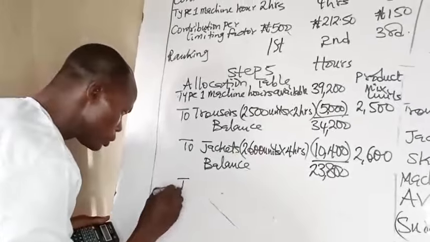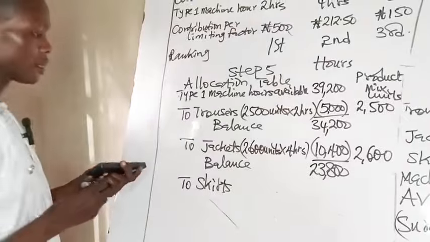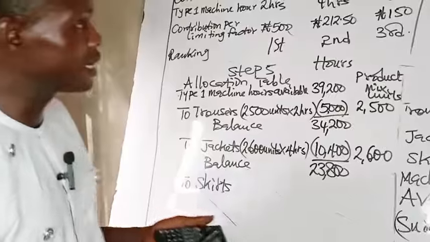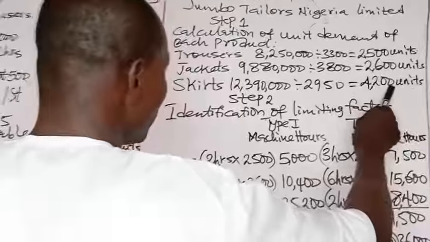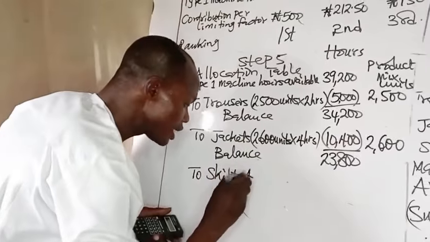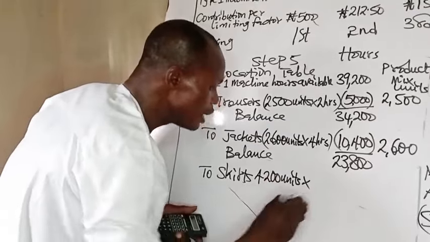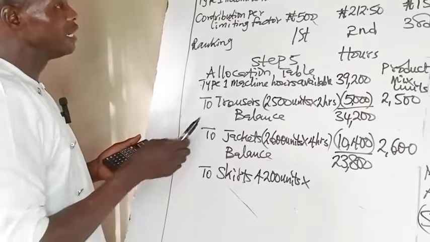Now, the number of units of skirts demanded is 4,200 units. To produce a unit of skirt, you will require 6 hours.